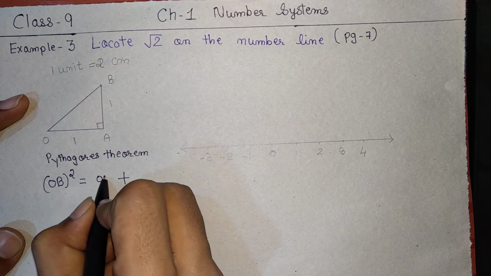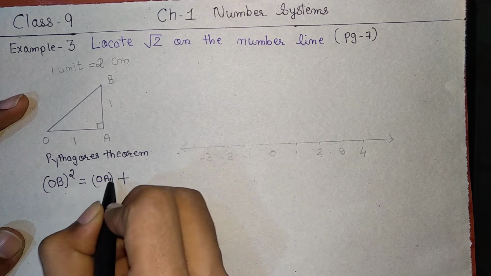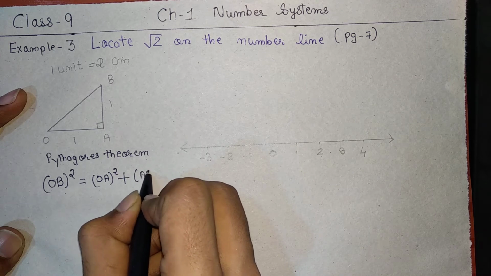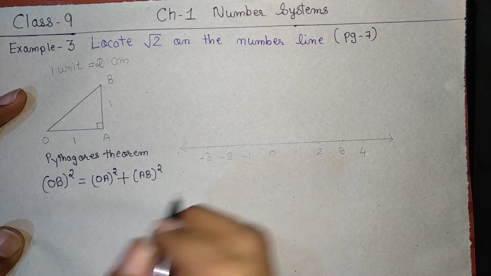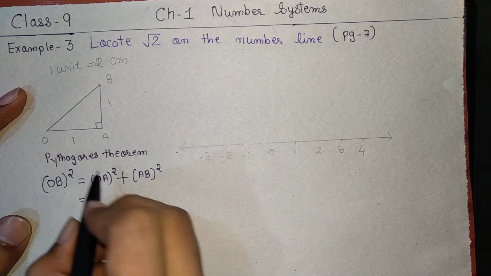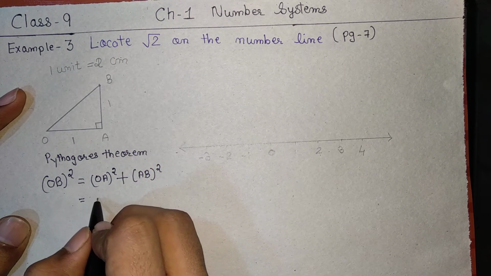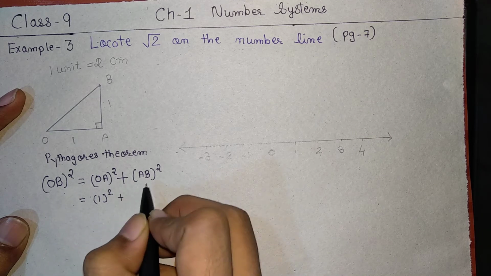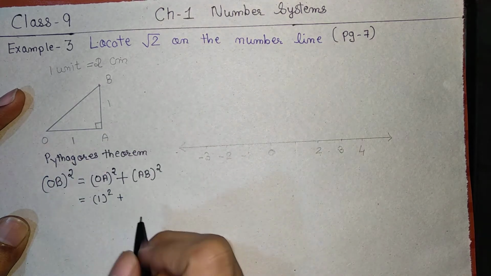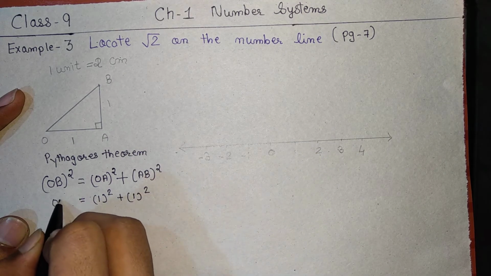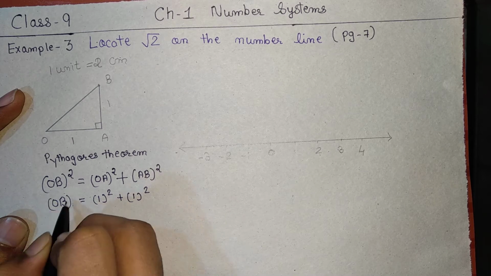One side is OA, so the square of OA, and the other side is AB, so the square of AB. We know OA is nothing but 1, so we take its square. AB is also 1 unit, so again we take its square. Let us say OB square here.